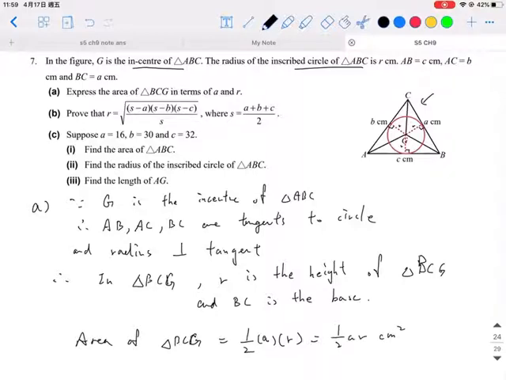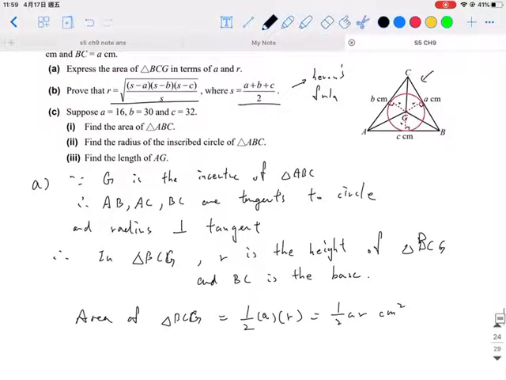So you finish part A, and for part B, prove that R is in this way, where S is equal to the perimeter over 2. So it's quite similar to Heron's formula, right? So our direction is to consider Heron's formula first.